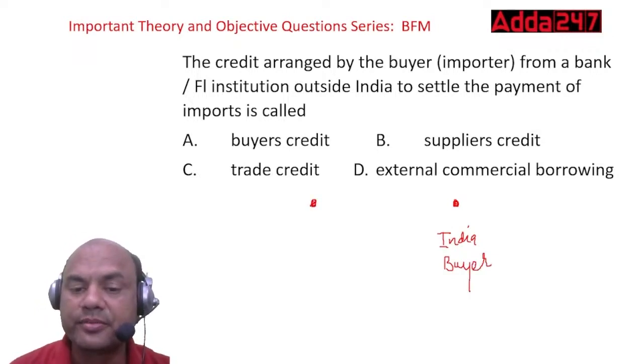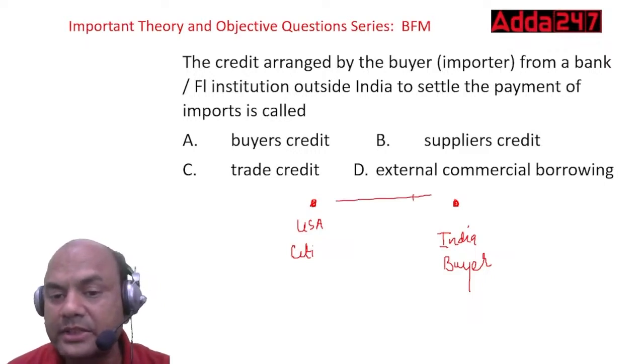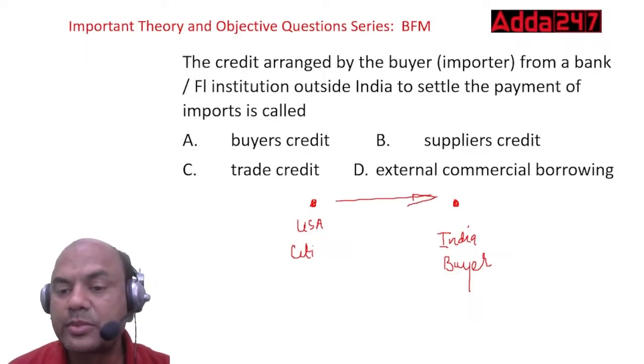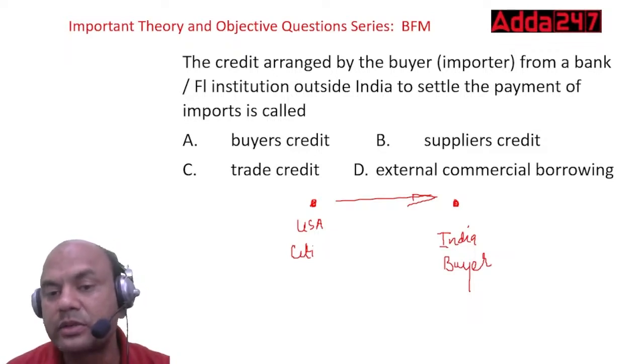Let's say the bank is in the USA, let's say Citibank. So this buyer is arranging for credit. A loan is given by Citibank to this buyer in India. This buyer contacts Citibank and gets the loan.